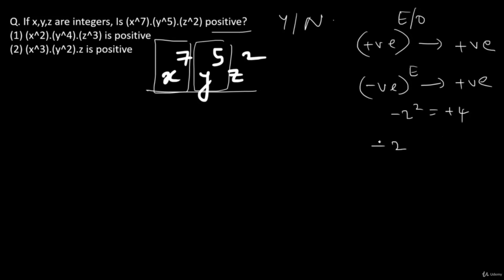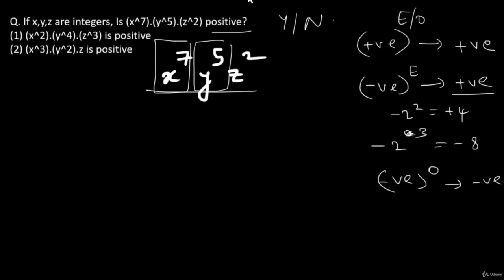But if you raise a negative number to an odd power, for example 3, minus 2 to the power 3 is minus 8. So you get negative. So a negative number to an even power gives you a positive number, and a negative number to an odd power gives you a negative number. So that's the background of this question. So basically we need to find out the sign of x and y, right?